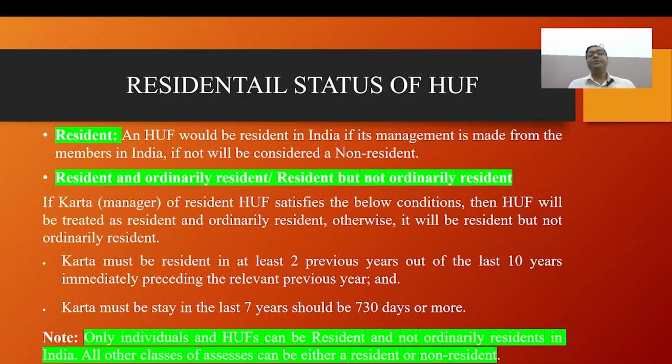When is a Hindu undivided family said to be resident and ordinarily resident in India? The Hindu undivided family shall be said to be resident and ordinarily resident in India if the karta of the HUF satisfies both the following conditions. What are the conditions? The karta or manager must be resident in at least 2 out of the 10 previous years immediately preceding the relevant previous year, without a gap.